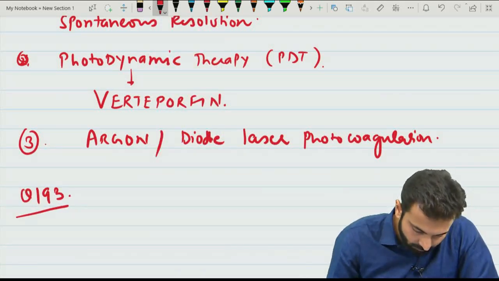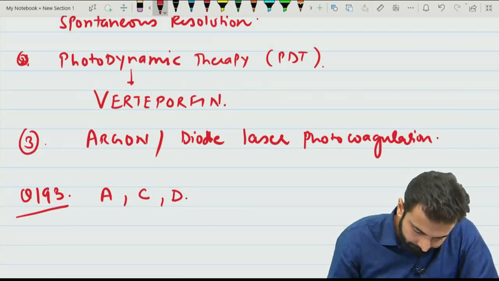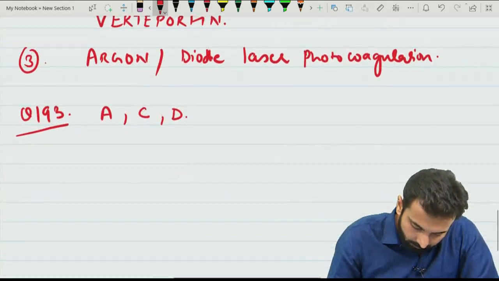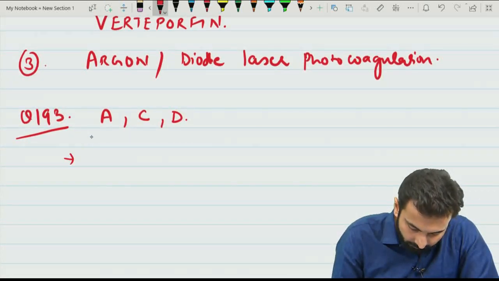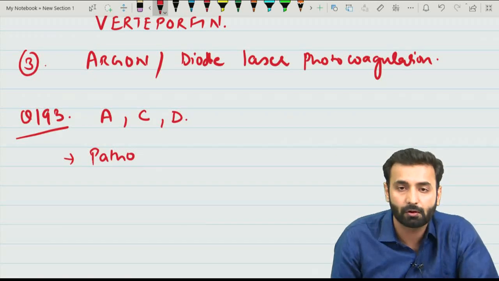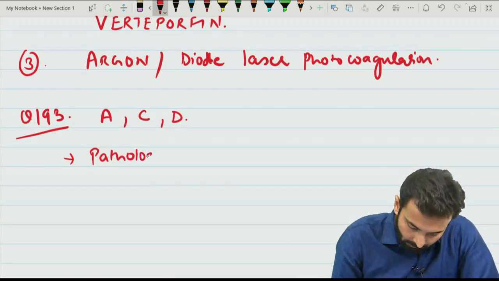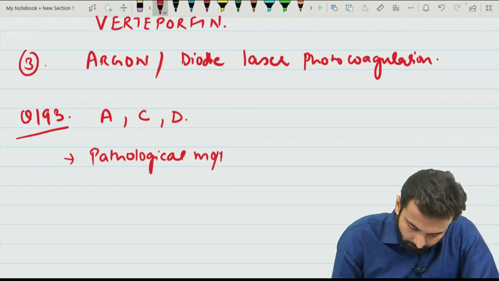The correct options of 193 are option A, option C, and option D. Right? So what happens in a myopia patient? This fundus image is of pathological myopia.